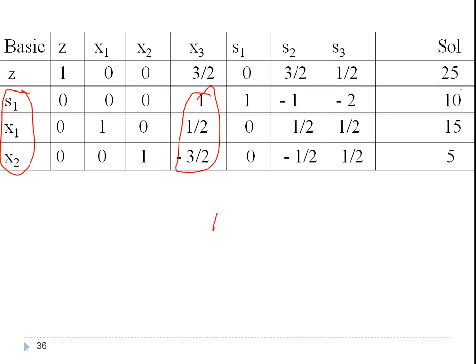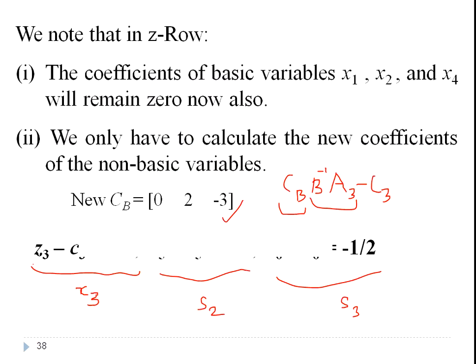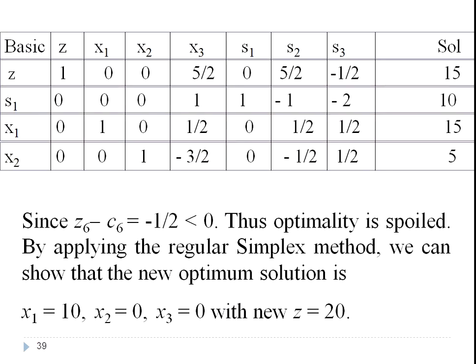Here you had all the positive values, so feasibility did not get disturbed. The only thing is that these values have changed. The 0 values remain the same, but we need to replace them. We have replaced them here in place of x3. We have put in 5 by 2 below s2 and below s3 we have put in minus 1 by 2.